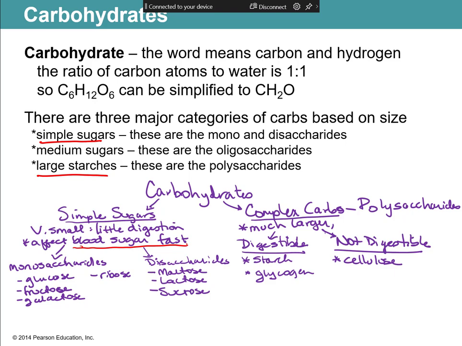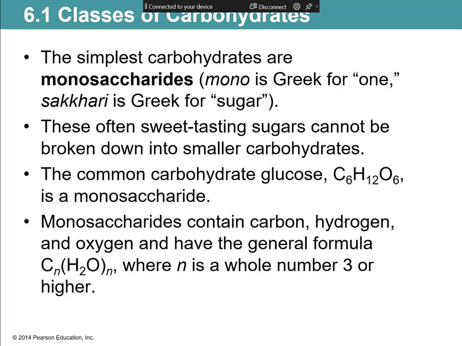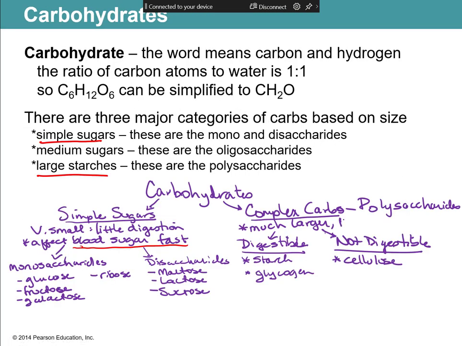their use, and where you find them in terms of nutrients. Complex carbs, though, are much larger. While we're talking about 1 sugar or 2 sugars, these are hundreds to even thousands of sugar units all in one big molecule.